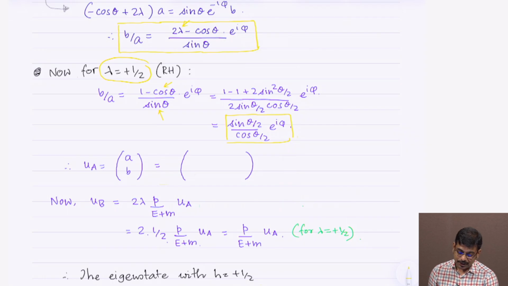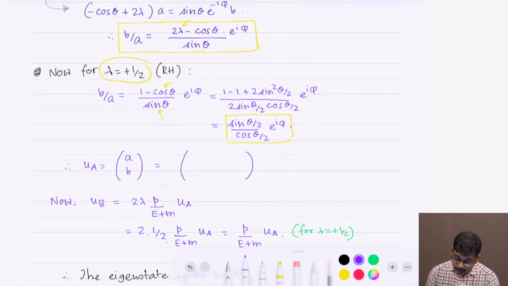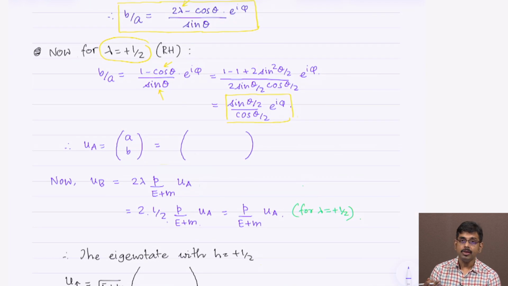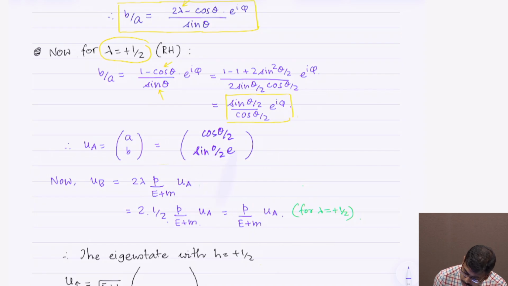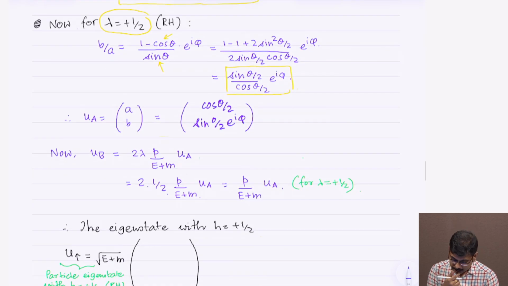So, this is the ratio of B by A, and what I can do is say, okay, I can actually choose A to be simply cos theta by 2, and B is equal to sine theta by 2 into e to the power i phi from this ratio. This keeps the B by A ratio that we have actually found out above consistent.